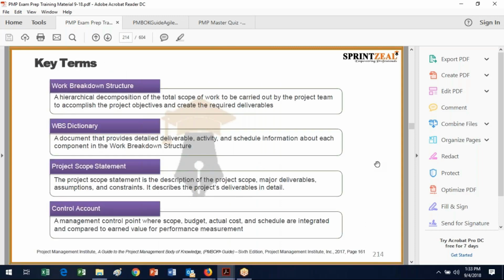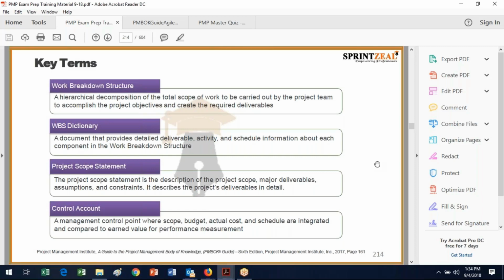So some of the key terms for work breakdown structures are, of course, work breakdown structure, which is a hierarchy which is progressively decomposed. The work breakdown structure dictionary, which is the document that explains all of the detailed deliverable activity. So the schedule information, the budget information, who's assigned and that kind of thing.